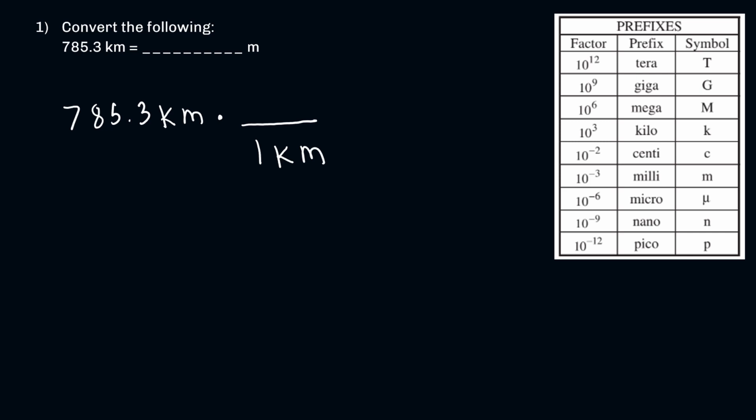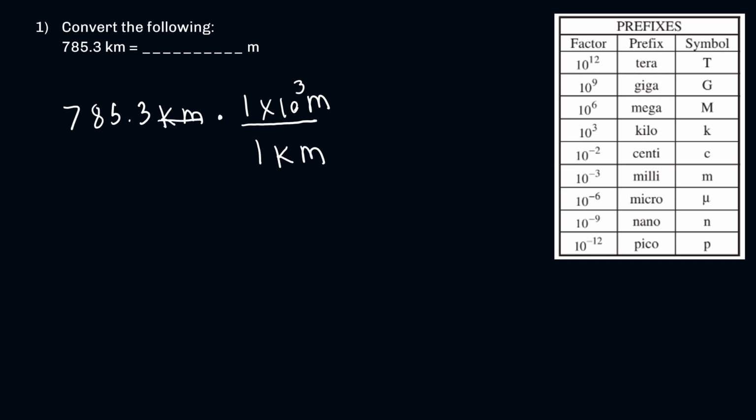On top, I want meters. That's the unit that I want at the end of the day. Based on the table, kilo is 10 to the third, so that's going to be 1 times 10 to the third meters. That's all I have to do for this conversion because I'm going straight from kilometers into meters.